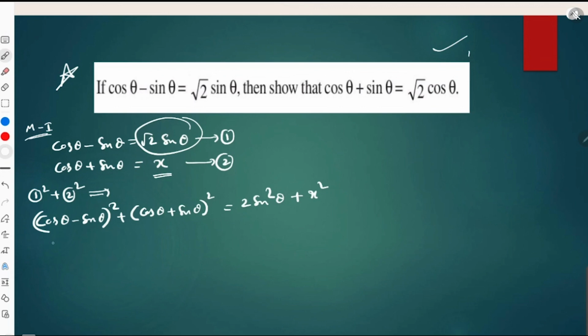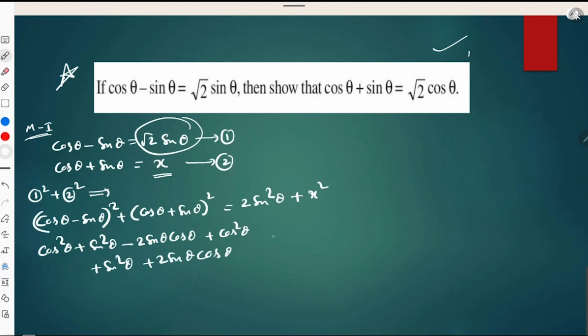Next. If you simplify this expression, cos square theta plus sin square theta minus 2 sin theta cos theta plus cos square theta plus sin square theta plus 2 sin theta cos theta. This is the LHS. Equal to RHS, which is 2 sin square theta plus x square. Here, plus 2 sin theta cos theta and minus 2 sin theta cos theta get cancelled.